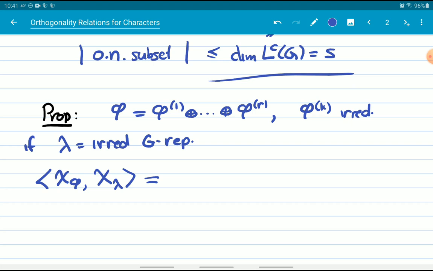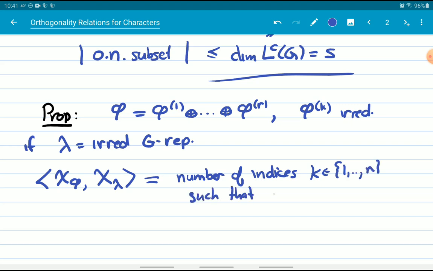That's a complex number. It's actually, in this case, also going to be an integer. It's going to be equal to the number of the indices k from 1 to r such that lambda is equivalent to the kth summand. This inner product of these characters counts the number of summands which are equivalent to the irreducible lambda in this direct sum decomposition into irreducibles.